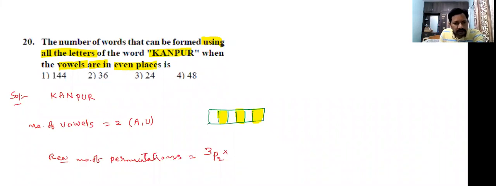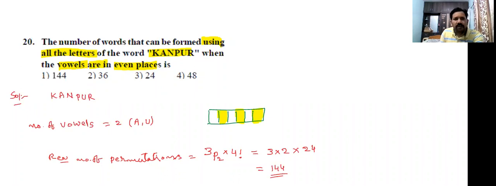There are four consonants. Four consonants can be filled in four places, that is 4P4. 4P4 means 4 factorial. Now 3P2 means how much? 3 we can write decreasing 2 times, 3 into 2. 4 factorial means 24. 3 2s are 6. 6 into 24. How much, students?